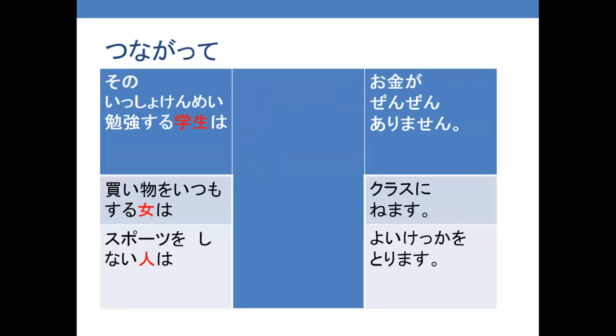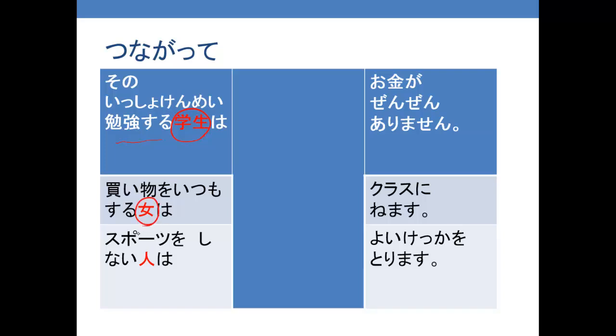Some matching for you. We've got その一生懸命勉強する学生は. The subject of the sentence is 学生, the student. 勉強する, what do they do? They study. 一生懸命, with all their heart. So that with-all-their-heart studying student is the second one. 買い物をいつもする女.